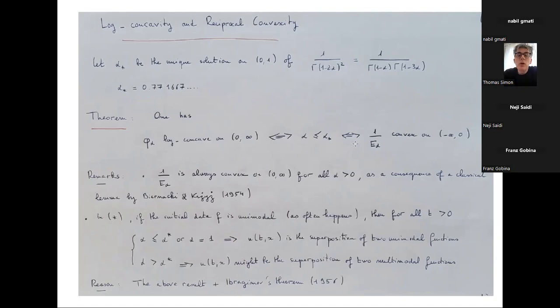This approximate value has some importance for the proof, but it's a bit technical to explain why. And what this parameter also characterizes is the reciprocal convexity of the Mittag-Leffler function on the negative half line. This is the result. I will give some hints on the proof after.